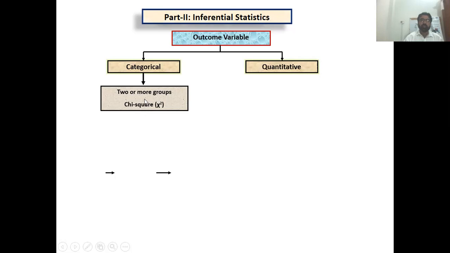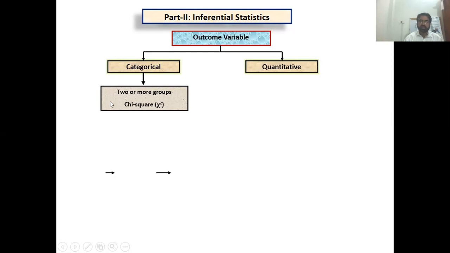For example, if you want to determine an association between smoking and disease, then your one categorical variable may be: do you smoke, yes or no? And you can ask about the disease, whether a person who is a smoker or non-smoker has developed the disease or not. So disease positive and disease negative.